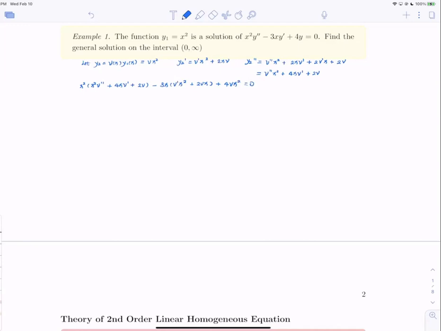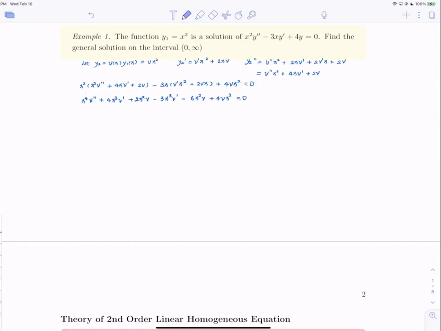Okay, and then let's open the brackets. That gives you x to the 4 v double prime plus 4x cubed v prime plus 2x squared v, minus 3x cubed v prime minus 6x squared v plus 4x squared v equals 0.